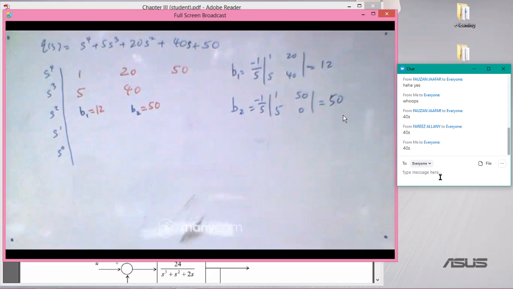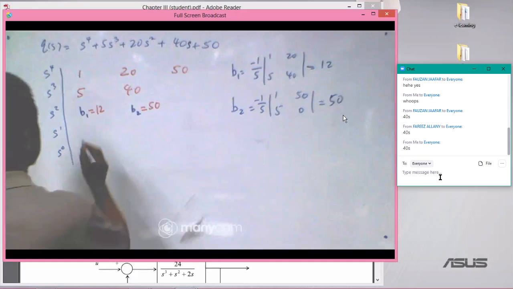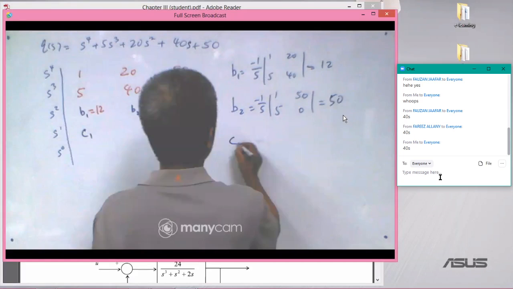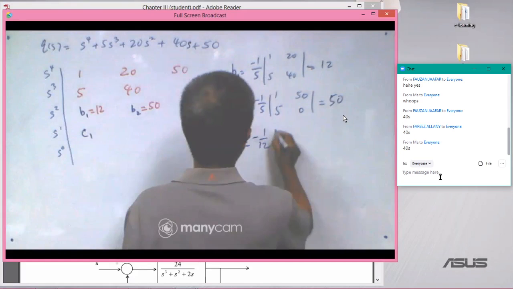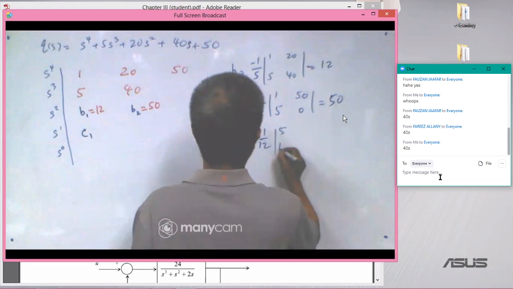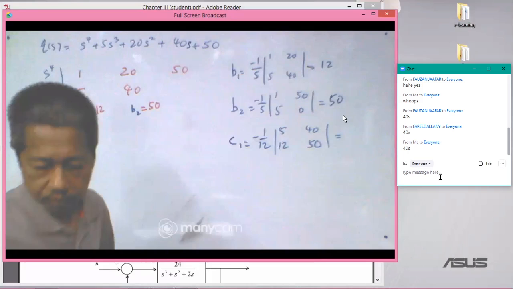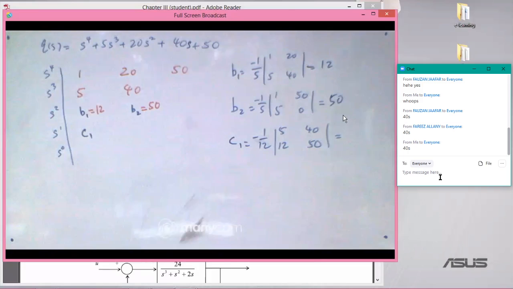You can now compute C1 and C2. C1 is -1/12 times the determinant of 5, 12, 40, 50, which gives 230/12.